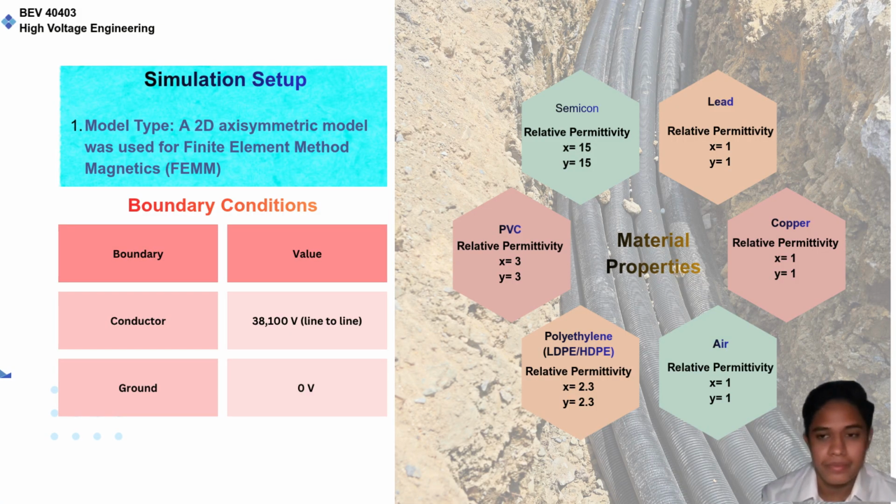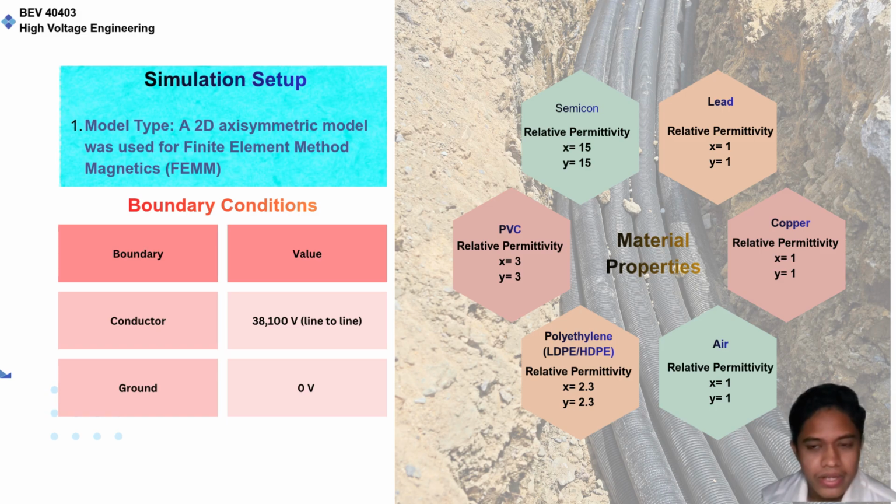And move to the material properties. For the silicone, we put the relative permittivity inside the FEMM: the X is 15 and the Y permittivity is 15. For the lead, the relative permittivity X and Y have the same value, which is 1. The copper relative permittivity for X and Y is also 1, and the air is also 1.